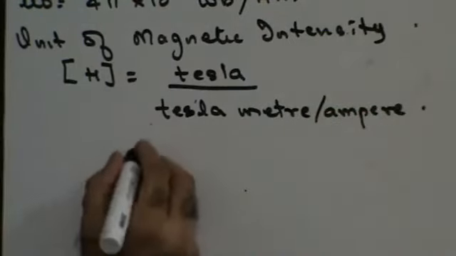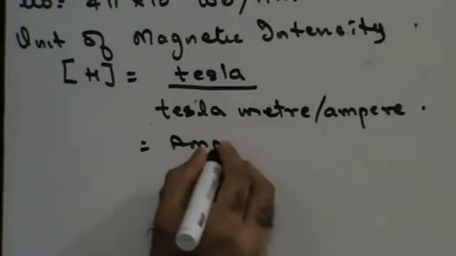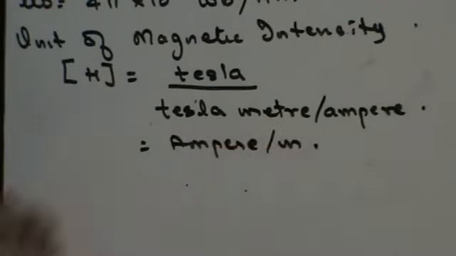So Tesla gets cancelled, so this is going to be ampere per meter. Right? Okay, so that's my unit for magnetic intensity.